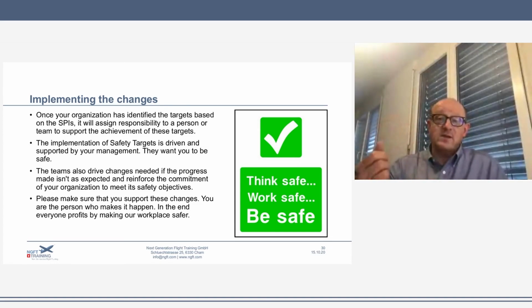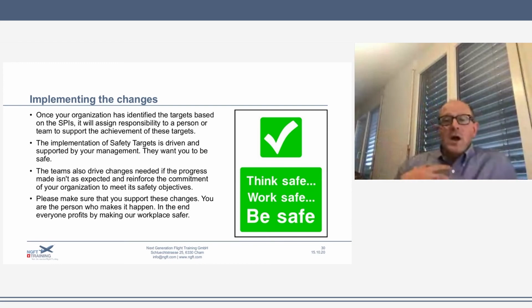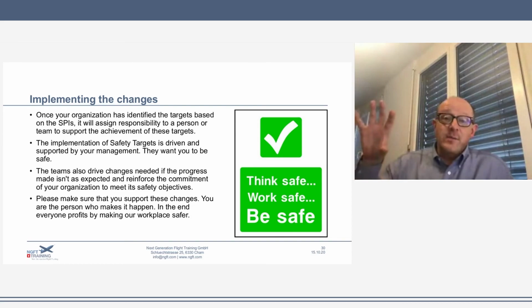We communicate the safety issue. We communicate the proper behavior, and how we want to monitor proper behavior. That's implementing the changes, and then making sure that the changes are actually implemented. That is where the collaboration with line management comes into play, because you as a safety manager, or responsible for safety, will not be able to drive these programs without the support from the people who are actually the boss of the people who need to change.